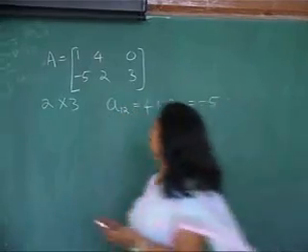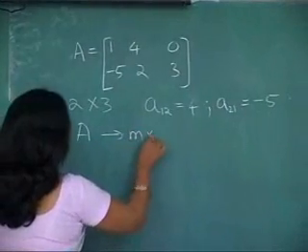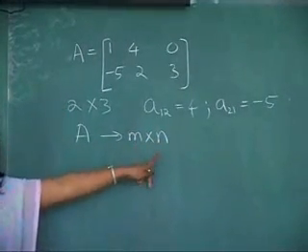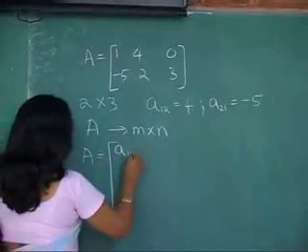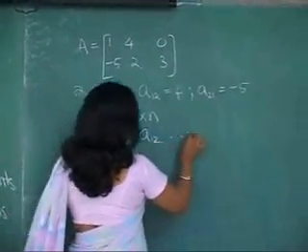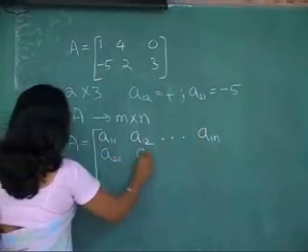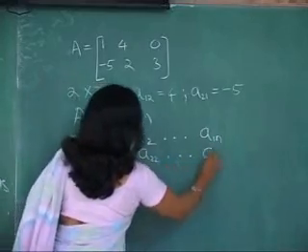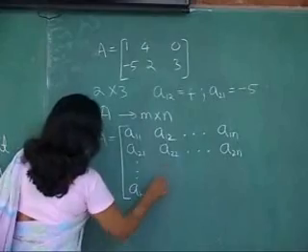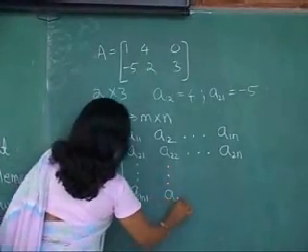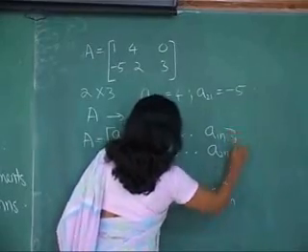In general, if I have a matrix A of order m by n, it's going to look like A11, A12, A1n, A21, A22, A2n, Am1, Am2, Amn.